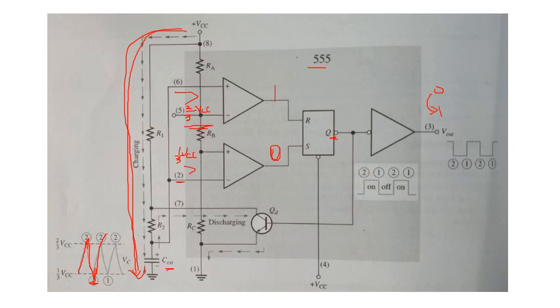Reset is 1 means Q is 0 and Q bar is 1. Q bar is 1, there is a NOT over here, so the output will be back to 0. So the output just changes between 1 and 0.